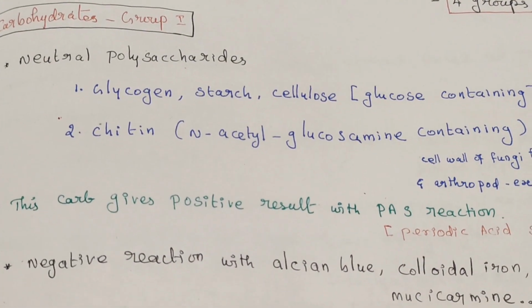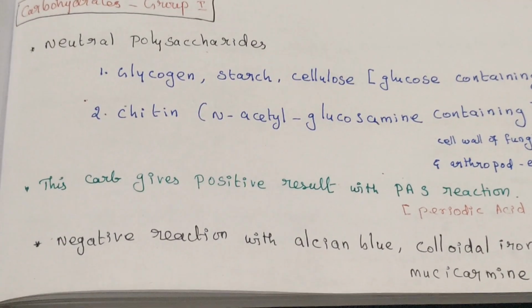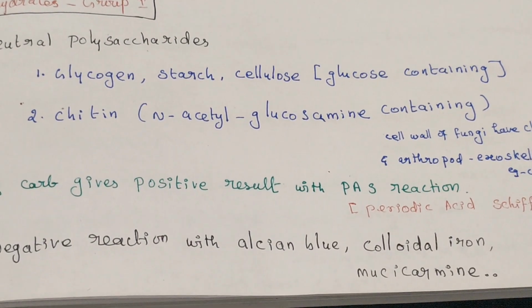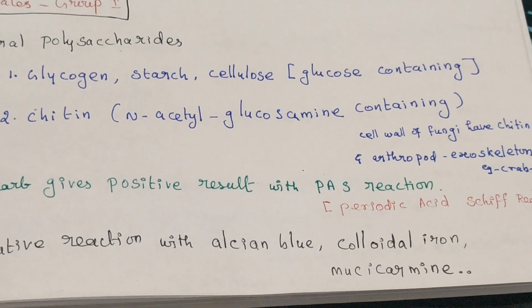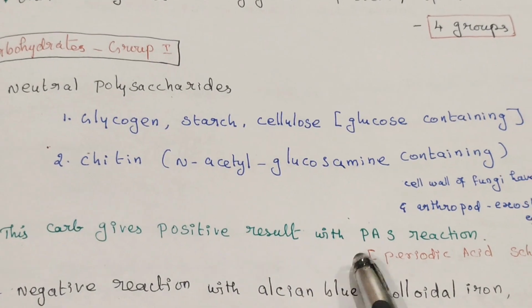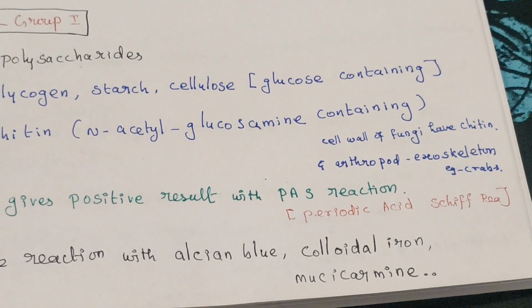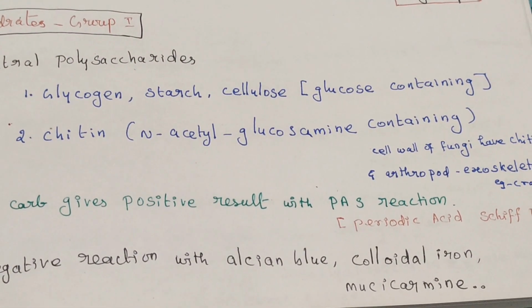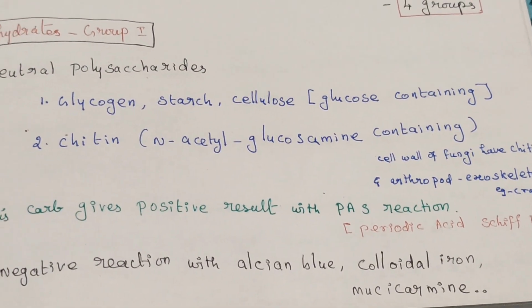This carbohydrate gives a positive result in the PAS reaction, the periodic acid Schiff reaction, and a negative reaction with Alcian blue, colloidal iron and mucicarmine staining.